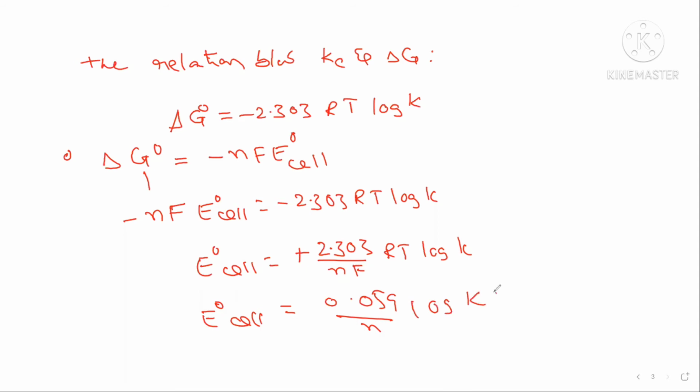This is the relation between E naught cell and 0.059 by n log K. Okay. One more relation is there. That is, if the cell contains two half cells in which the concentration of ions are different.